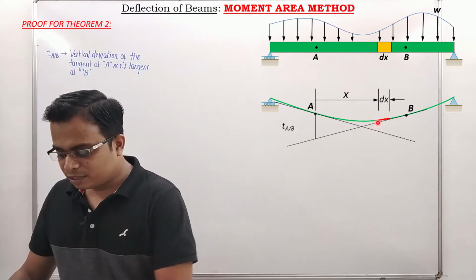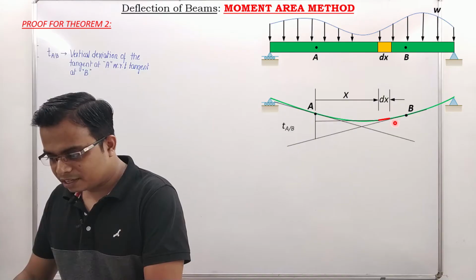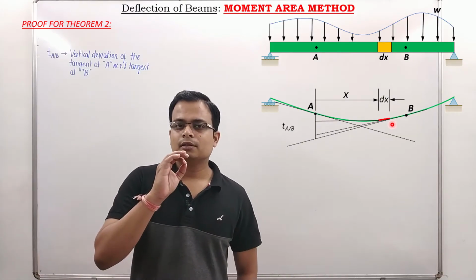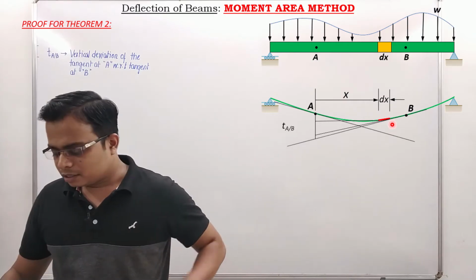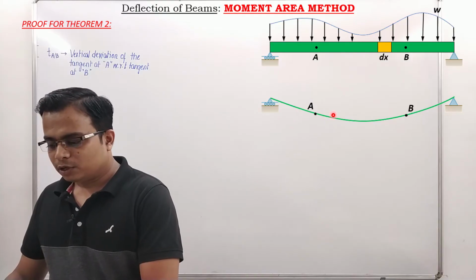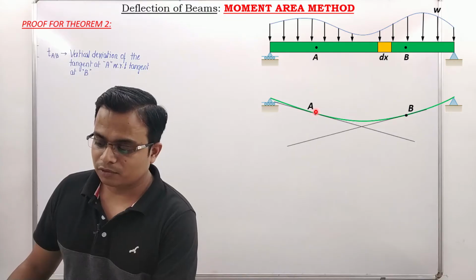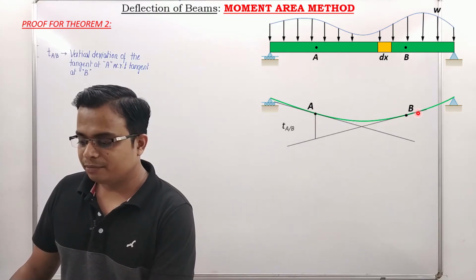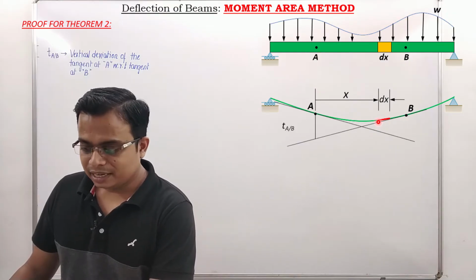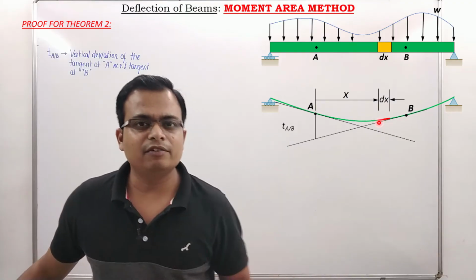Now let us draw tangent from this element also. From the left part of the element, let us make a tangent. From the right part of the element, let us make a tangent this way. What has happened? Can you understand this? This is very remarkable. Just take a look at this again. Initially, there were 2 points on the elastic curve. We drew a tangent from A, we drew a tangent from B, and this was the total vertical deviation. But if somewhere in between you take a very small element dx, and try to make tangents, then in between those two tangents a very small vertical deviation will appear.